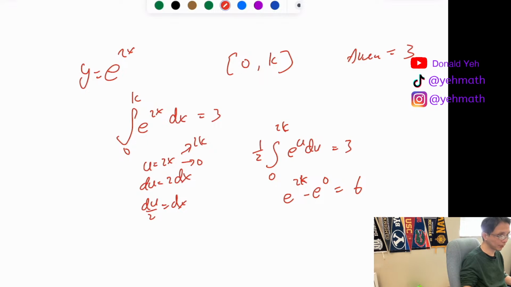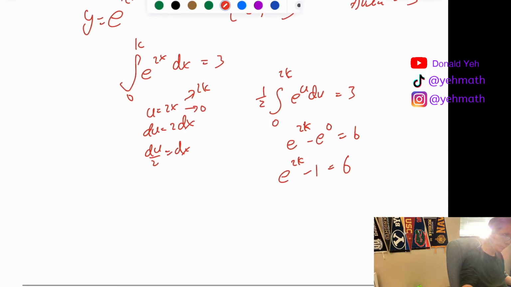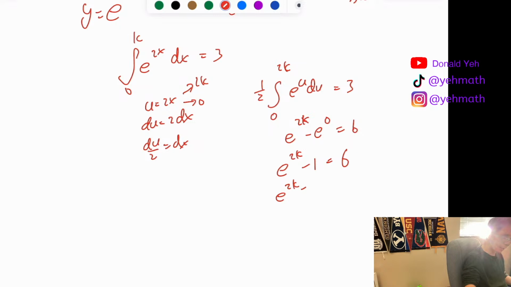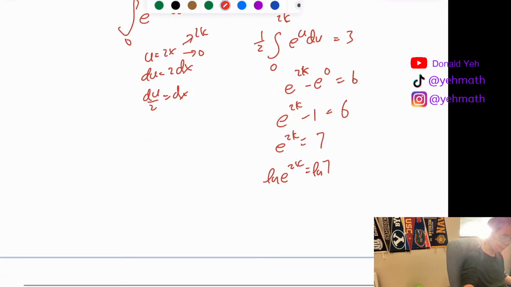So e to the 2k minus 1 equals 6. e to the 2k is equal to 7. Natural log of e to the 2k is equal to natural log of 7. 2k equals ln 7. k equals ln 7 over 2.